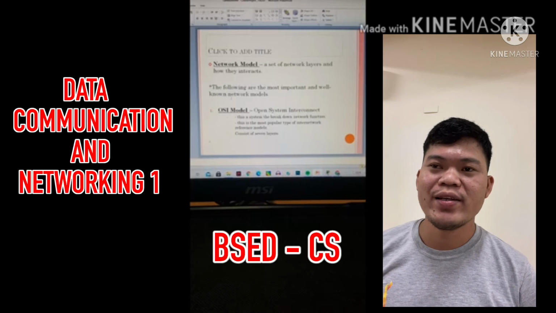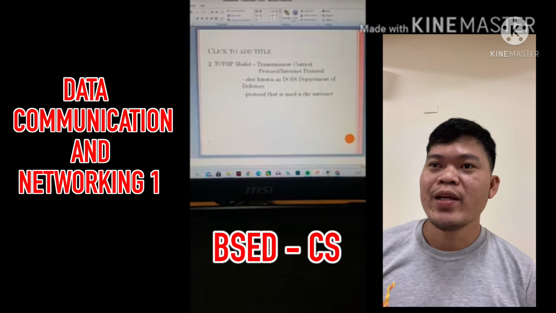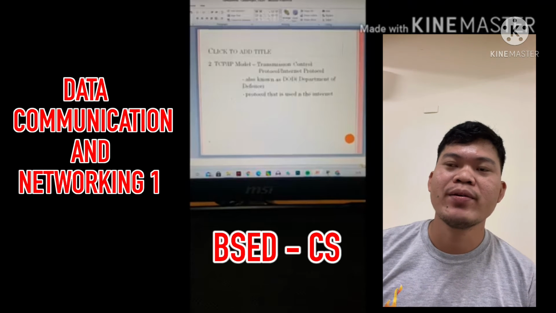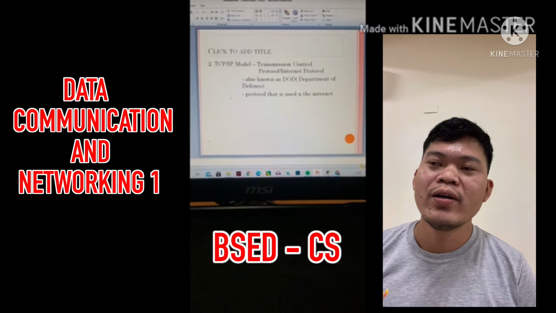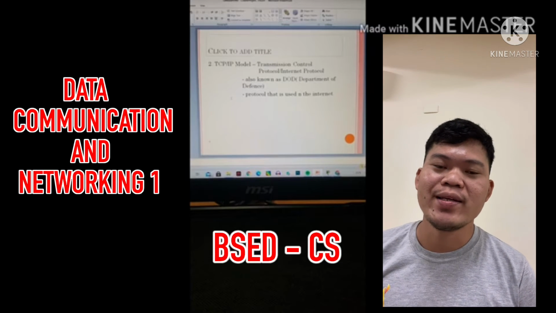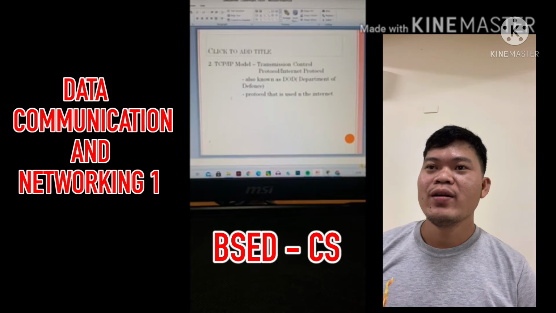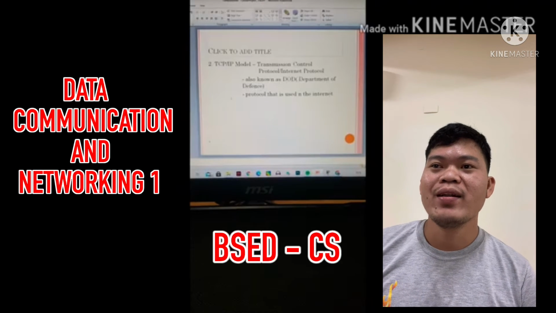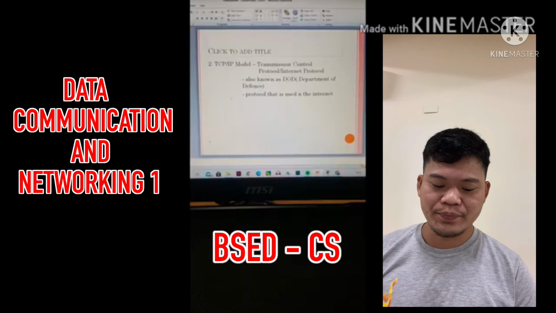Those 7 layers we're going to tackle in the next topics. Then we have the TCP/IP model, which stands for Transmission Control Protocol or Internet Protocol. It's also known as the DoD, or Department of Defense model. The TCP/IP model is a protocol that is used in the internet.